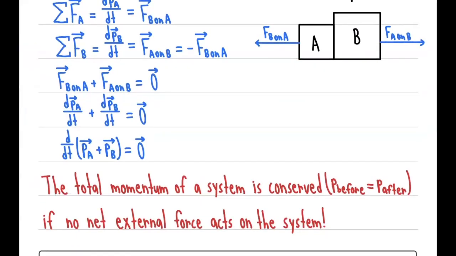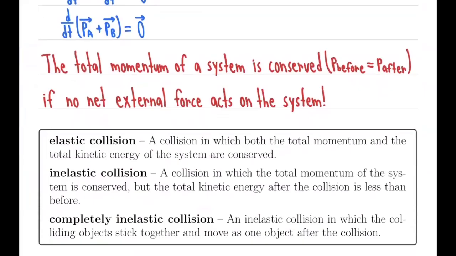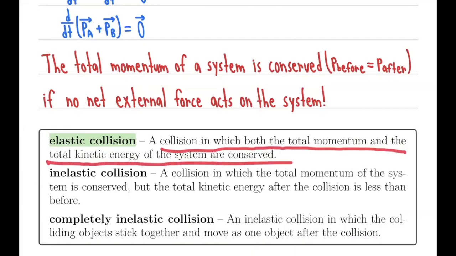So now that we know when the total momentum of the system is conserved, let's talk about the different kinds of collisions we're going to deal with. So there's elastic collisions. An elastic collision is a collision in which both the total momentum and the total kinetic energy of the system are conserved.